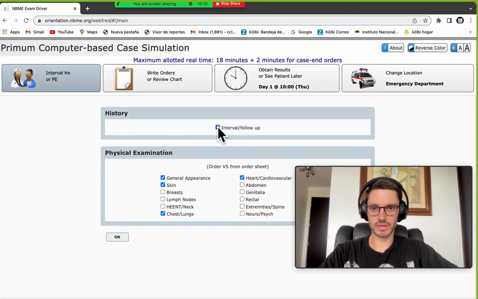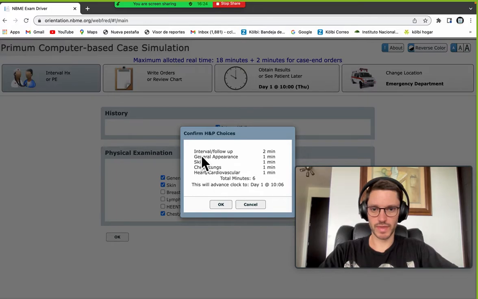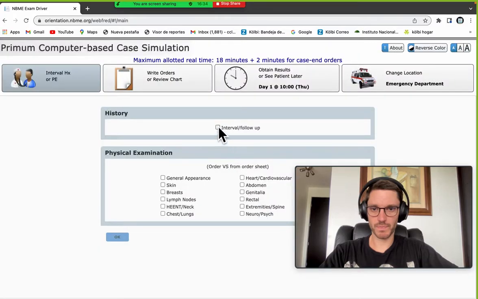And what's this? Not sure, yeah, we want follow-up, but I'm not sure what will happen if I write that down. Interval follow-up, 2 minutes. General appearance, all this takes that time. What happens if we don't mark the interval?